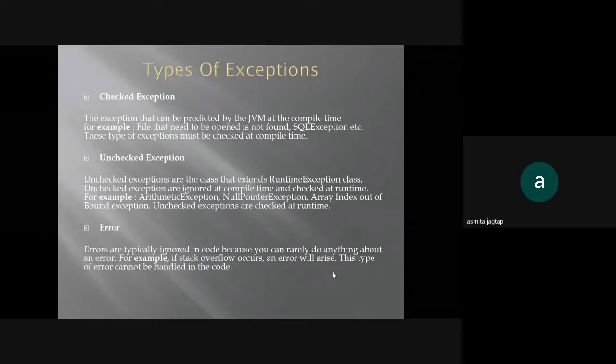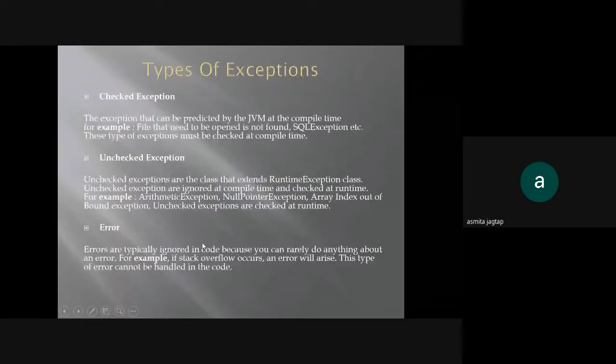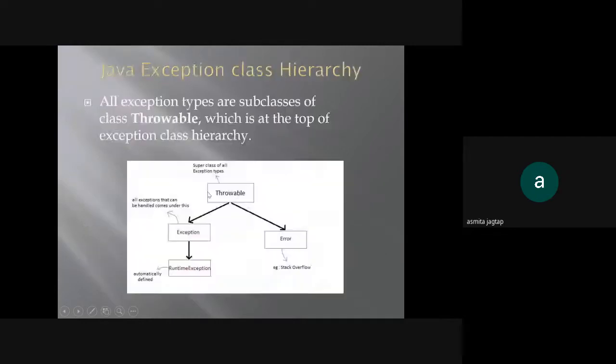Unchecked exceptions are the classes that extend the RuntimeException class. The Exception class extends the Throwable class and has the RuntimeException. At compile time this exception might get ignored, but during runtime these exceptions will occur, like ArrayIndexOutOfBounds exception and arithmetic exception, which we have seen already.